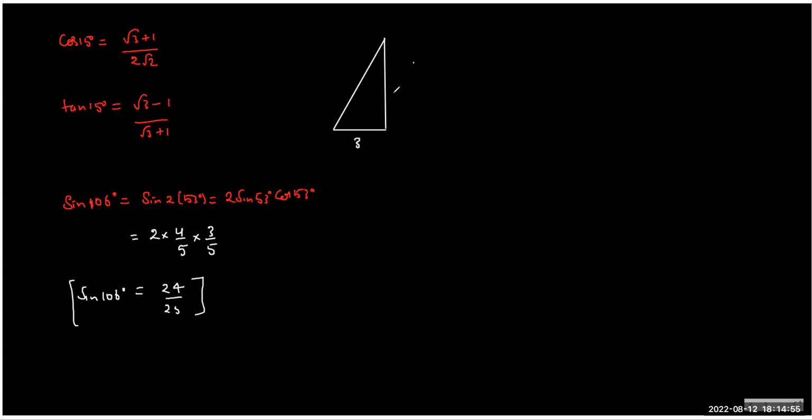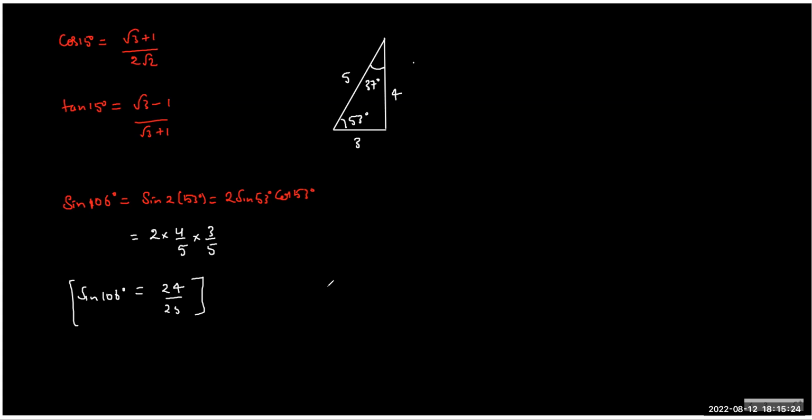So 3, 4. So this angle must be 37. So sine 53 is how much? Tell me. 4 by 5. So I think what I've written is right. Yes. All right.